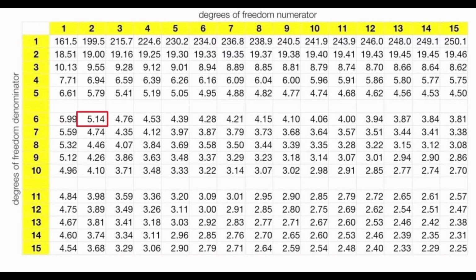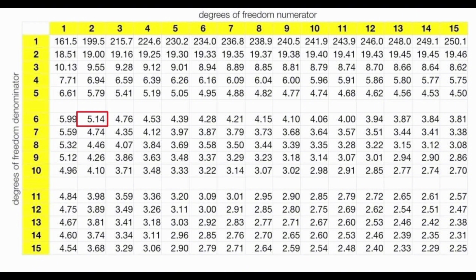Mao ni ang sa second factor nga degrees of freedom numerator is 2 and then degrees of freedom denominator is 6. So ini mag-abot ang numerator 2 ug denominator 6 kay 5.40 ng result.